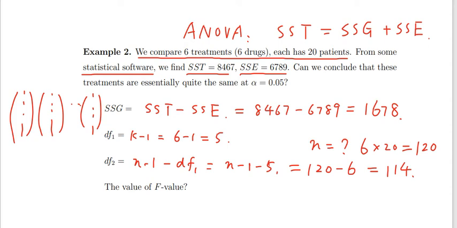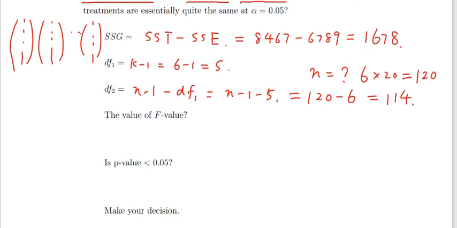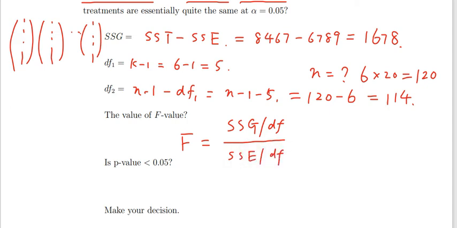So we know the degree of freedom for the denominator is 114 and for the numerator is 5. What is the F value? Just use the formula: SSG over its degree of freedom, and SSE over its degree of freedom. Those two degrees of freedom are not the same, so we distinguish them.